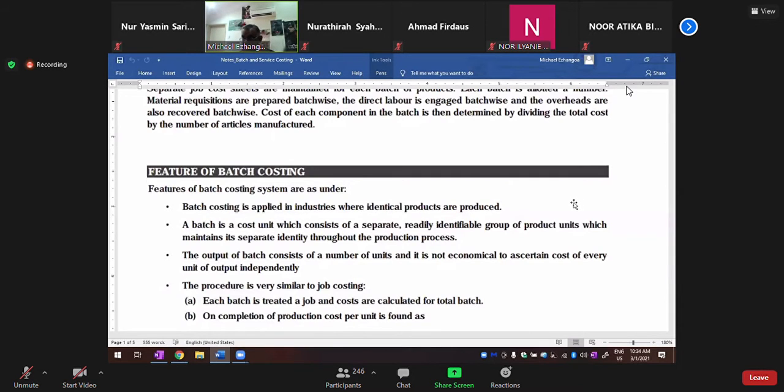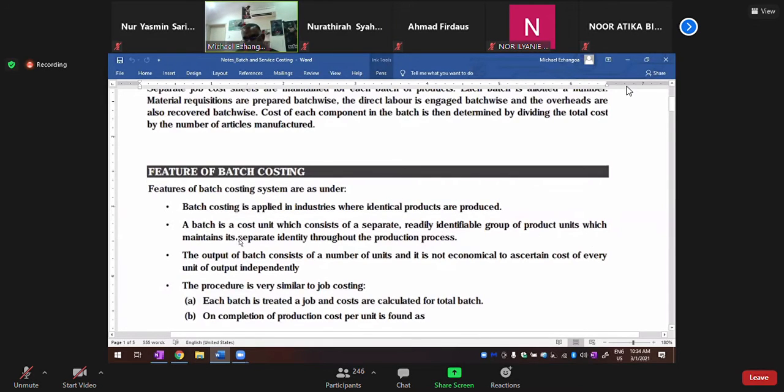It's very fancy English, but in simple English, as I said just now, within a batch, everything is the same. You get what I mean? Different batch numbers, obviously different, but within the batch, they're all the same. Do you see that? It says readily identified group product units.